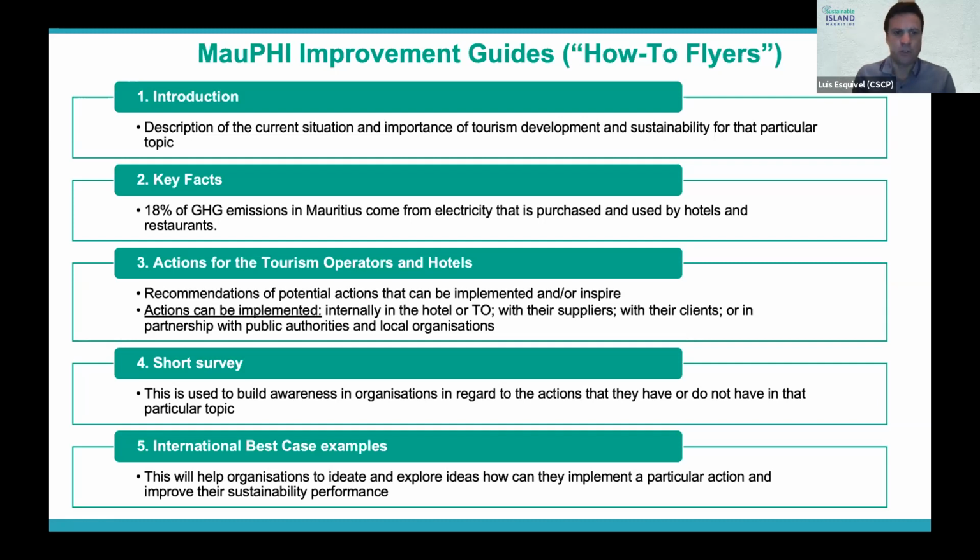For example, a key fact is that 18% of the greenhouse gas emissions in Mauritius come directly from electricity that is purchased and used by hotels and restaurants. So this introduction and key facts is like the story of why we should engage in action, and that could be transferred into operations for tour operators and also for hotels.